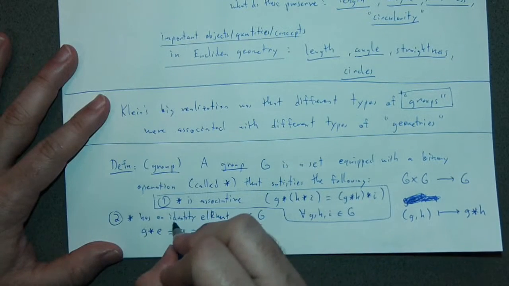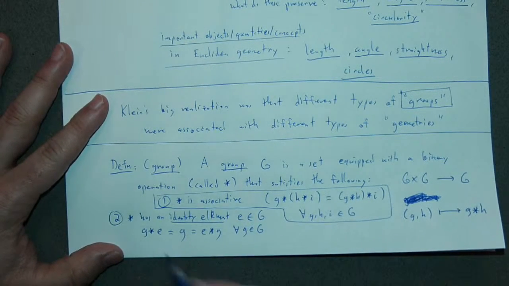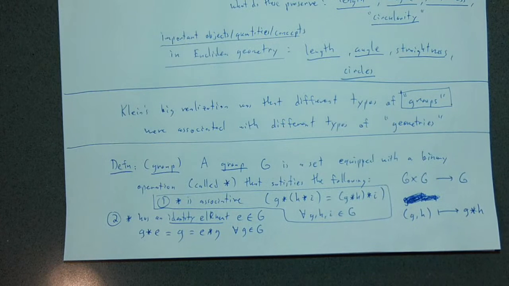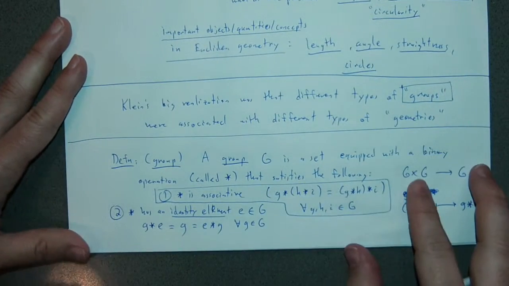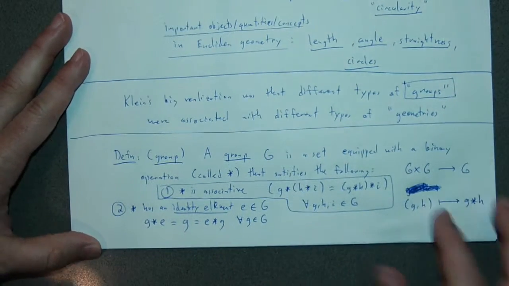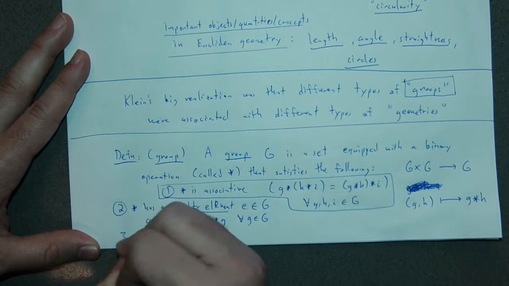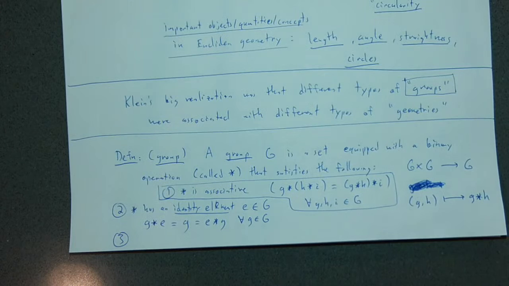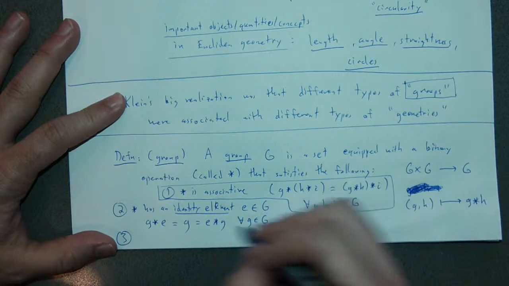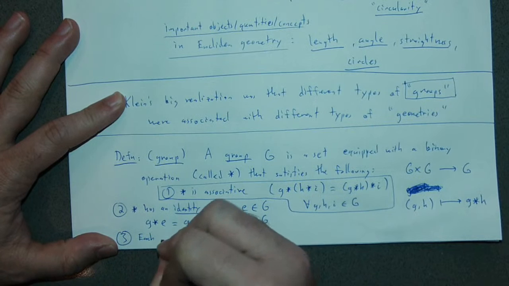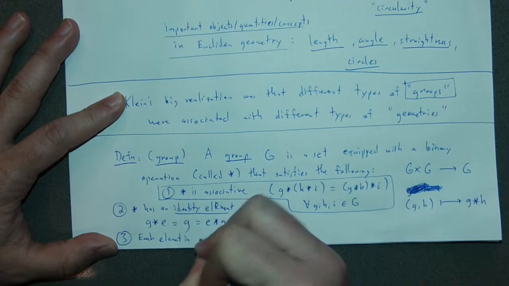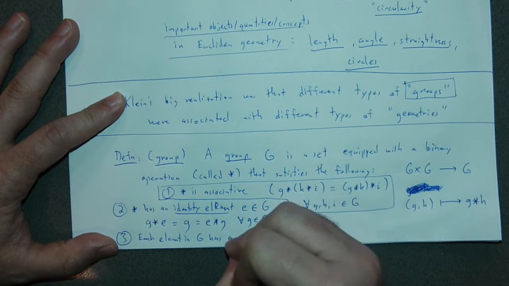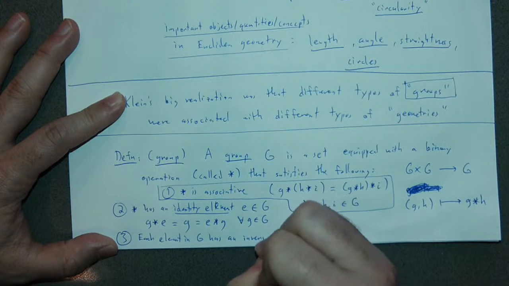Okay, so there's an identity element called E. When I star any element of G with E, I just get the same element that I started with. So this is my object that behaves like 1. Of course, you've already seen the concept of an identity element before, with the field axioms. And then lastly, the last thing that's required: each element in G has an inverse relative to star.